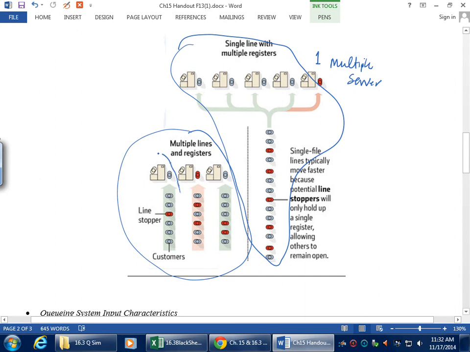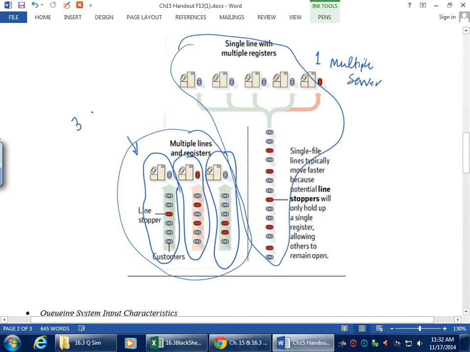There are actually several queuing systems here, 3 systems. Each line is served by 1 server, so it's actually 3 single server systems.